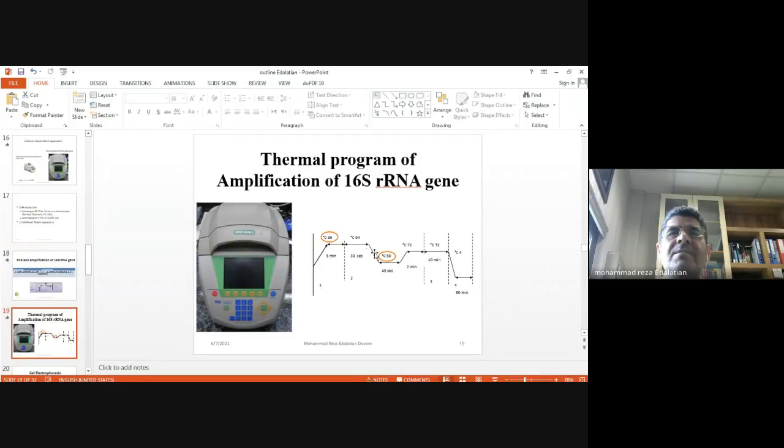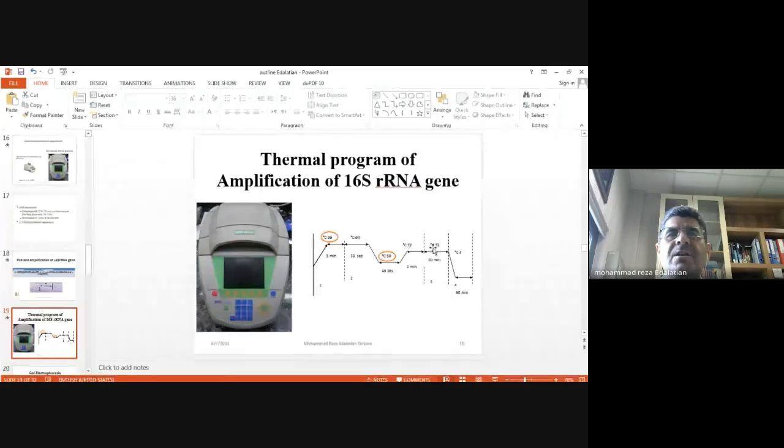After that, in the second step, we have again a denaturation step, and after denaturation, we have an annealing step at, for example, 50 degrees centigrade, and after annealing, we have the extension.